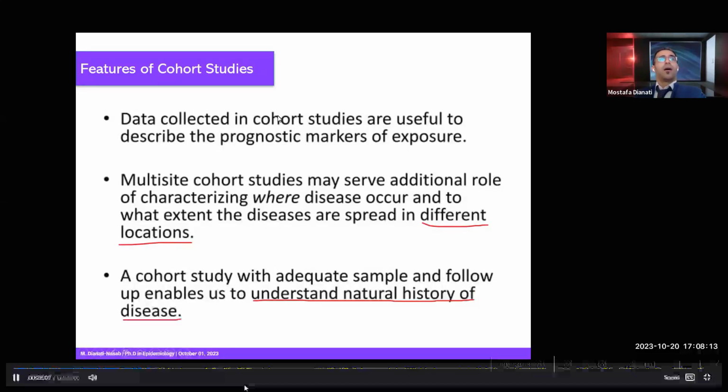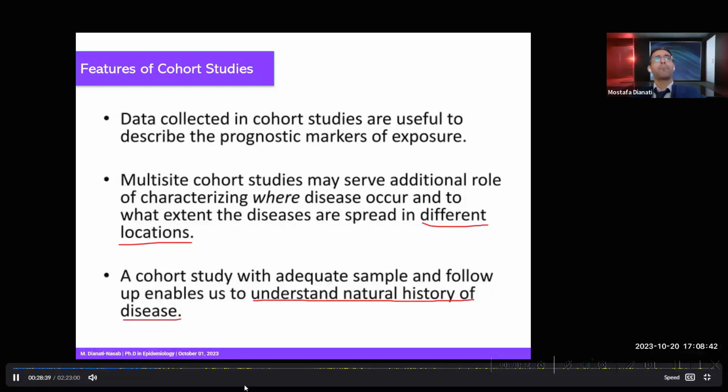I would like here to highlight something for you. Multi-site cohort studies are nowadays becoming really famous in the world. For example, in my previous project, I used 13 cohort studies just to examine the association between meat consumption and risk of bladder cancer.